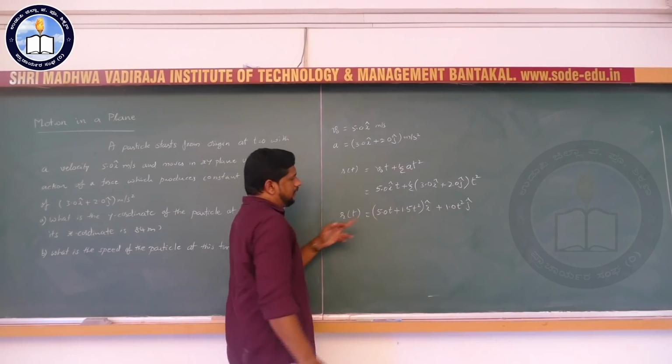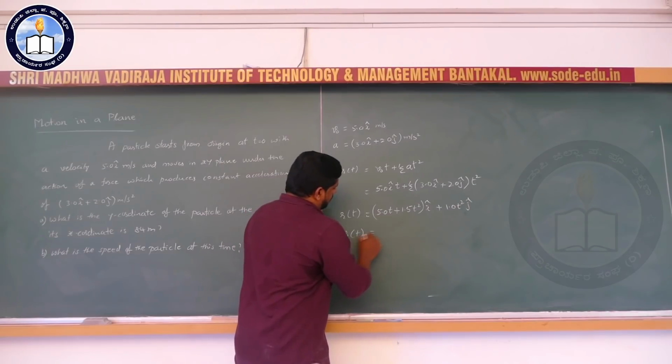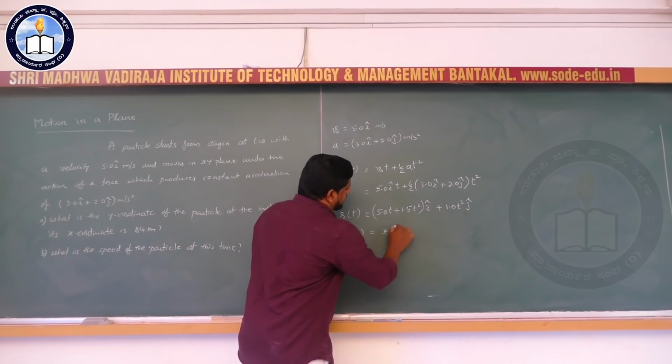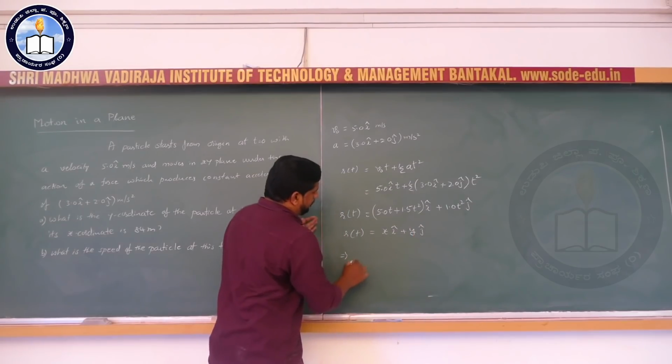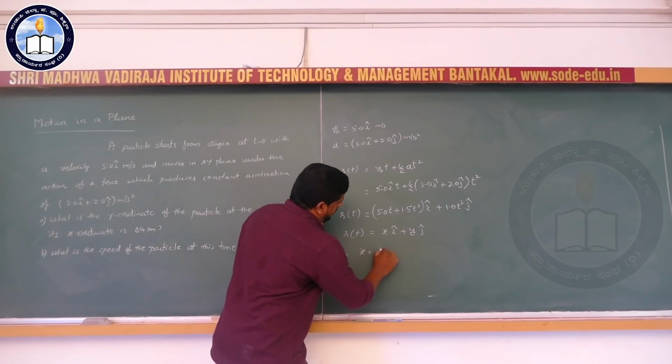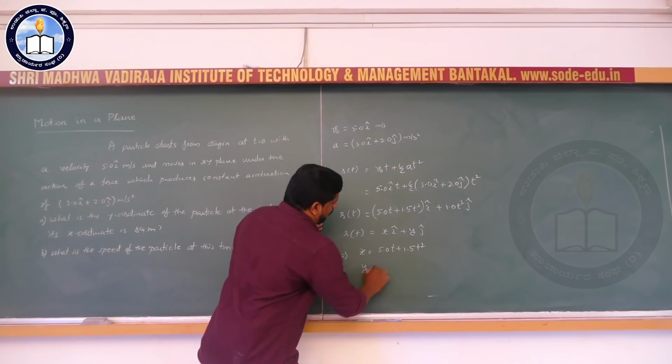This is in the standard form r of t is equal to x i cap plus y j cap. This implies x will be equal to 5.0 t plus 1.5 t square and y will be equal to 1.0 t square.